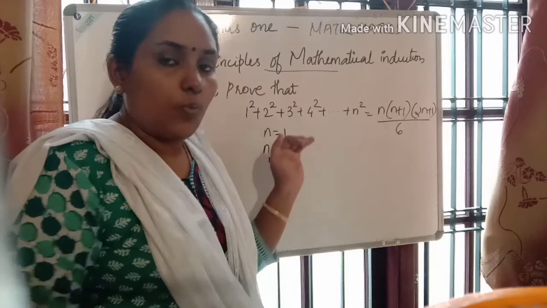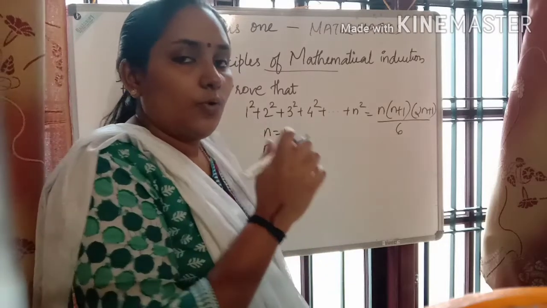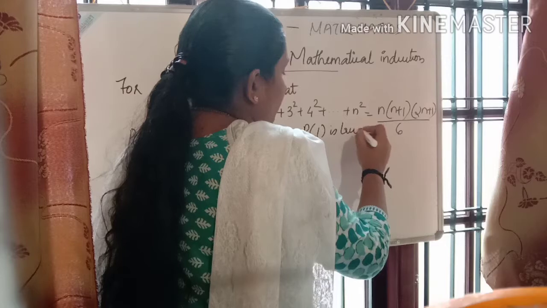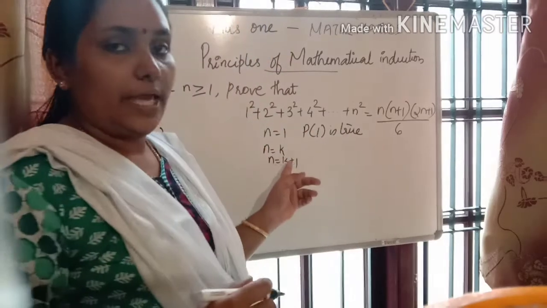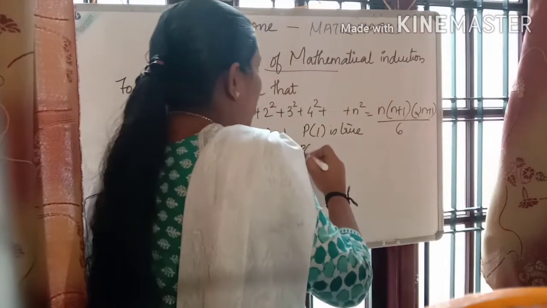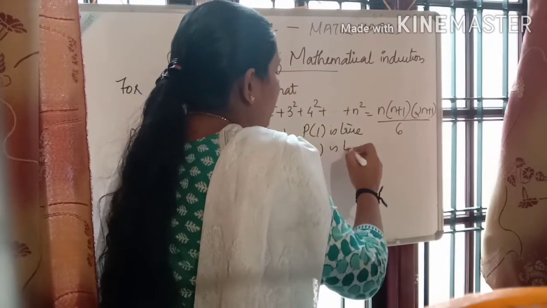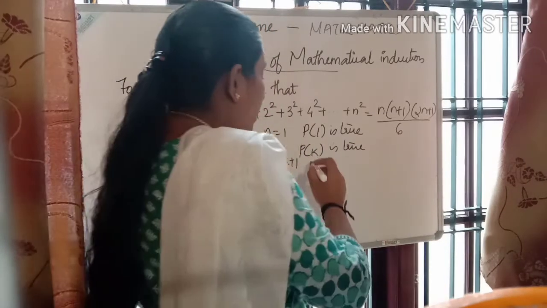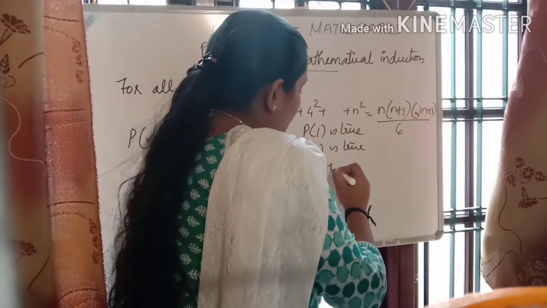If n equal to 1, we have to prove that P of 1 is true. If n equal to k, we have to prove that P of k is true. If n equal to k plus 1, then P of k plus 1 is true.